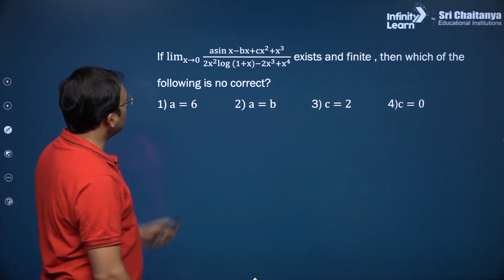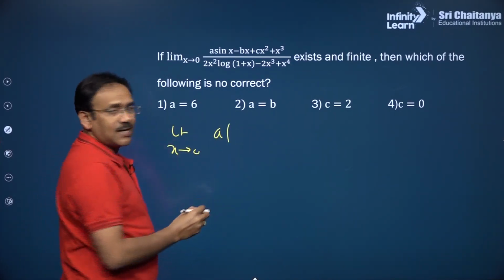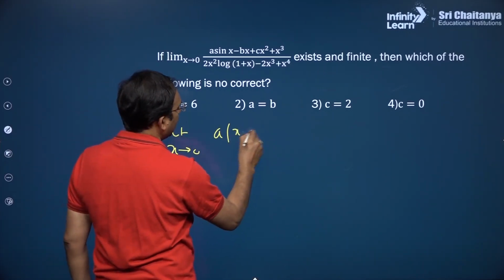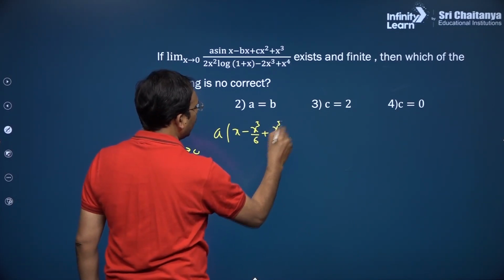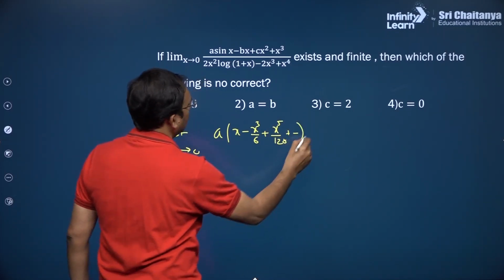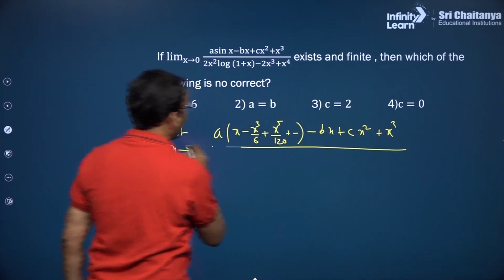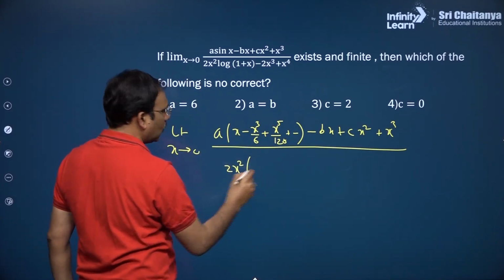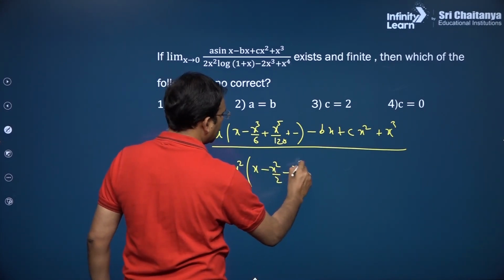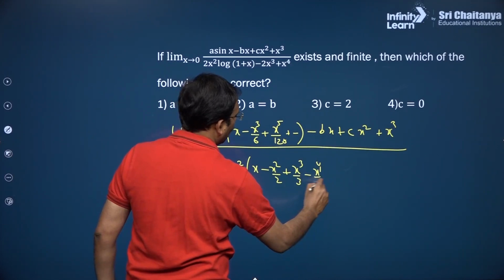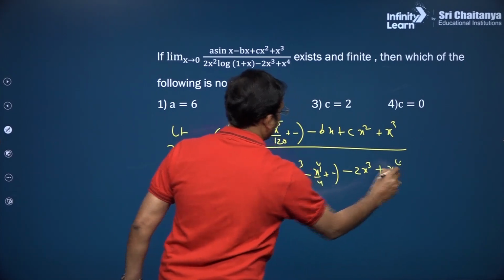Next, my dear friends, you see limit x tends to 0. You just write the expansion, my dear friends: sin x is x minus x cube by 3 factorial plus x power 5 by 5 factorial and so on, minus bx plus cx square plus x cube, divided by 2x square into log of 1 plus x expansion, which is x minus x square by 2 plus x cube by 3 minus x power 4 by 4, like that, it is minus 2x cube plus x power 4, my dear friends.